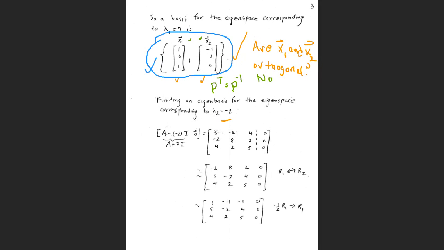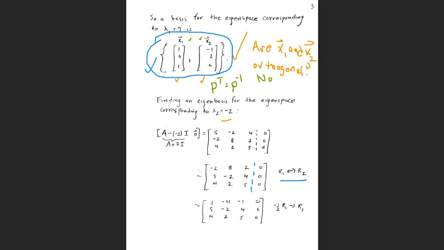But for now, this problem has everything in it, a lot of stuff you learned. So now let's go after the eigenspace corresponding to λ2 equals -2. I choose to swap row 1 and row 2.